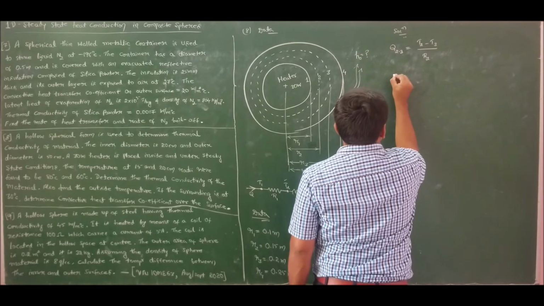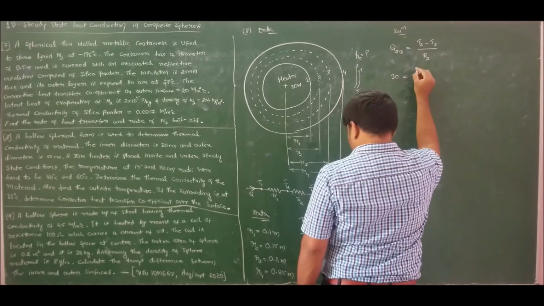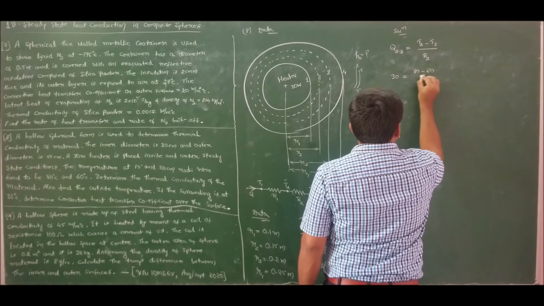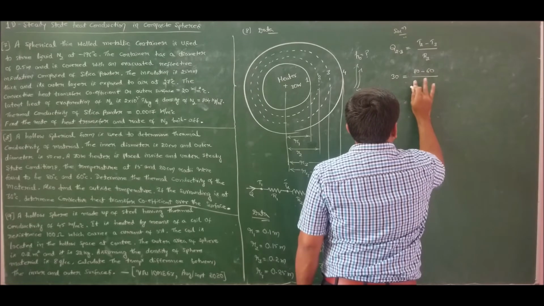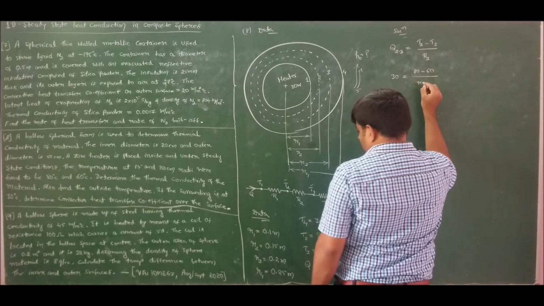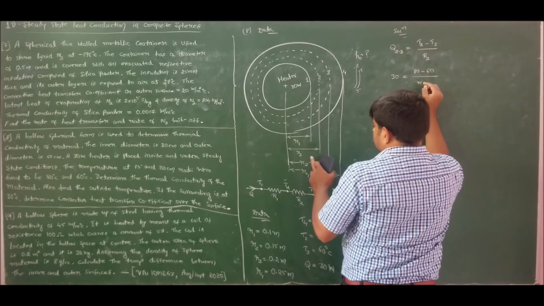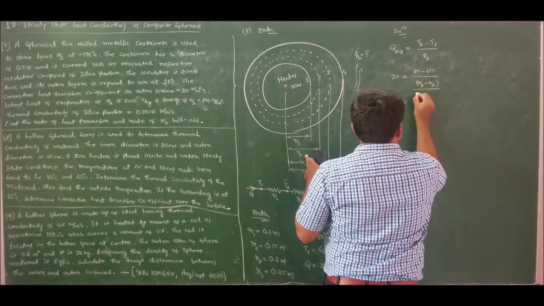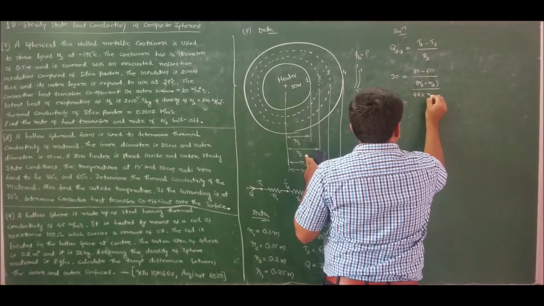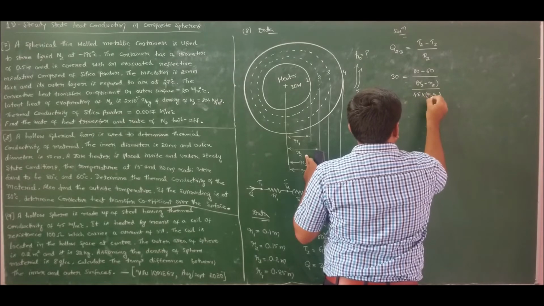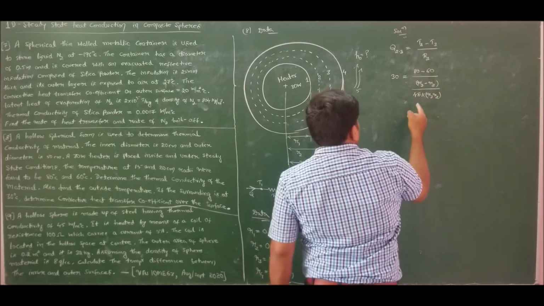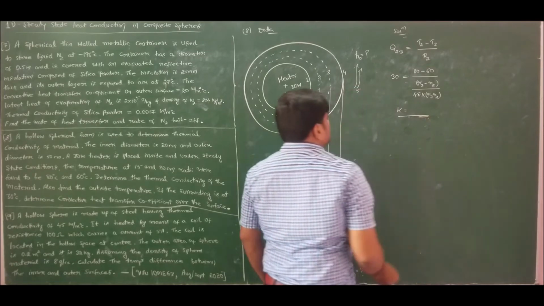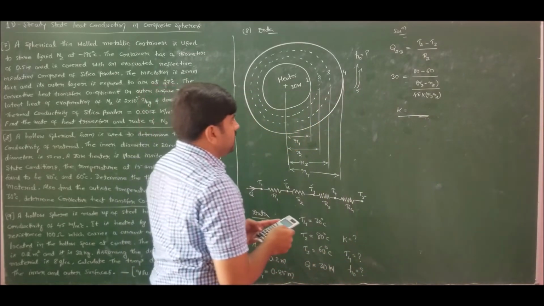Substitute the value of Q, which is 30 watts. 30 watts is equal to T2, 80 degrees, minus T3, 60 degrees, divided by the resistance R2, which is R3 minus R2 divided by 4 pi K R3 R2. I know all the values; the only unknown is thermal conductivity K. If I substitute and solve, I will get K.